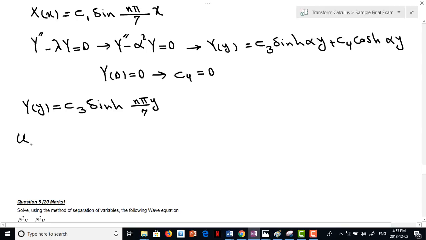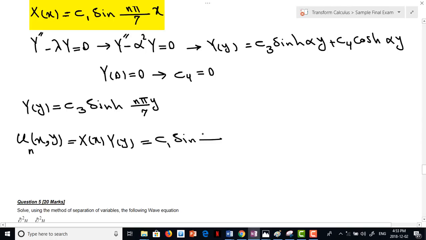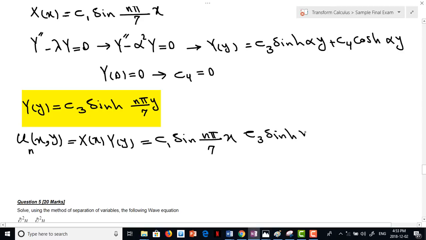As a result, we can find u of x and y, which is X of x times Y of y. So this solution is valid for all the values of n. As a result, I say it's un of x and y. So X of x, we have C1 sine n pi over 7 x. Y of y, we have C3 sine hyperbolic n pi over 7 y.